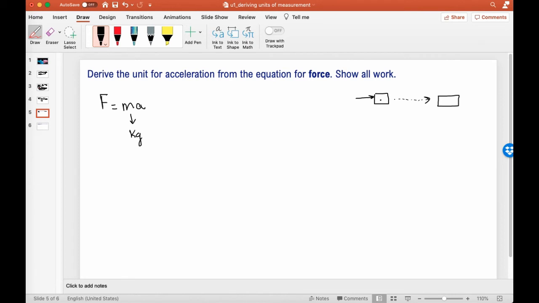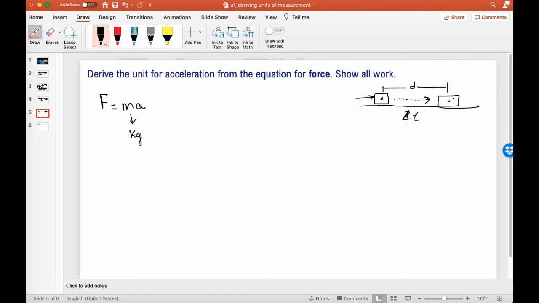As it moved from here to there, think of this as a floor, there was a certain distance, and we always go from the center point to the center point. We could measure how much time it took to go from here to here, so that would be a change in time. It's not going to be the same speed throughout: first it was starting here and not moving, and then it went to here.